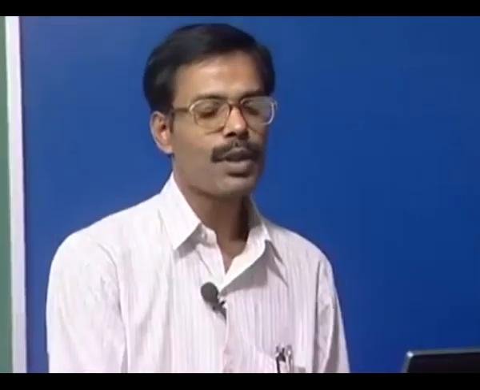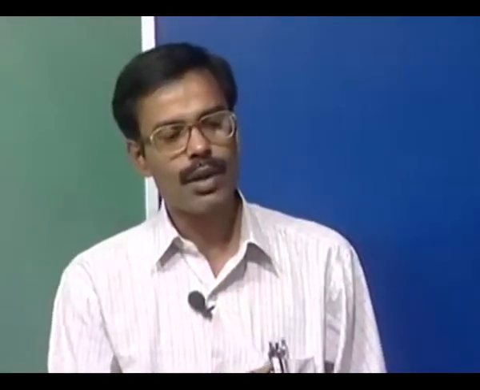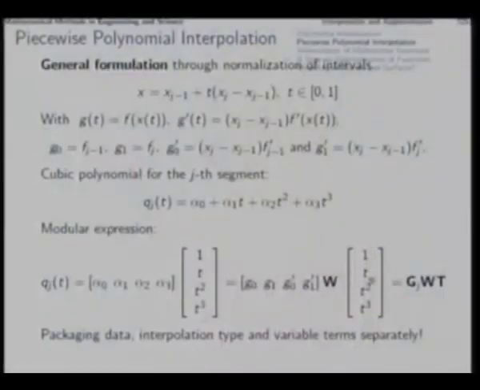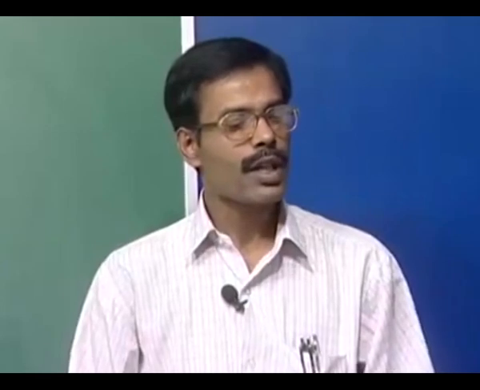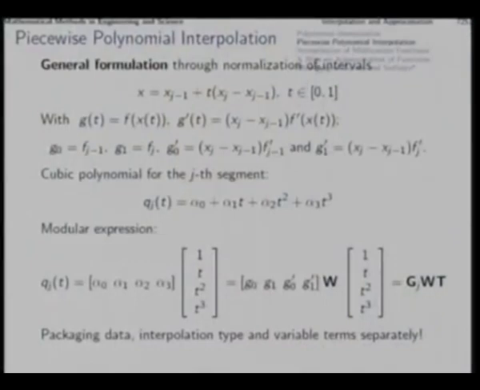Based on that decision of the interpolation type, we get this matrix W. If we had taken some other interpolation type, we would get some other matrix W there. And in the third segment T, we have the variable terms which will get their values at the time of evaluation of the function at a particular point. This modularity of representation we get if we rescale every subinterval to the normalized interval 0 to 1.